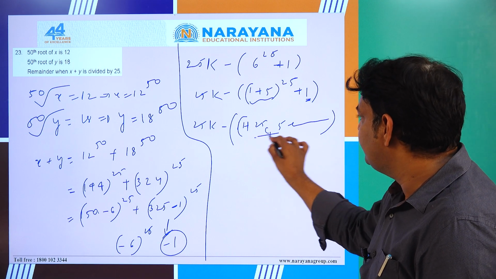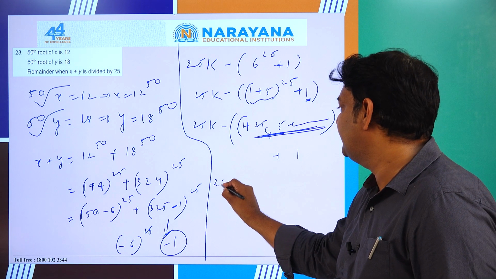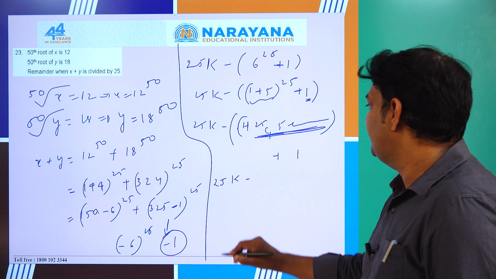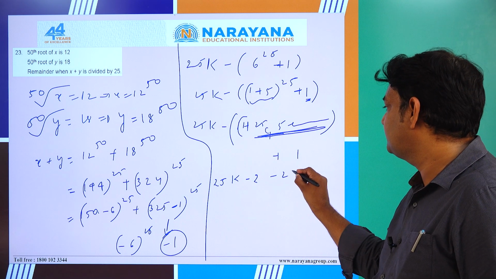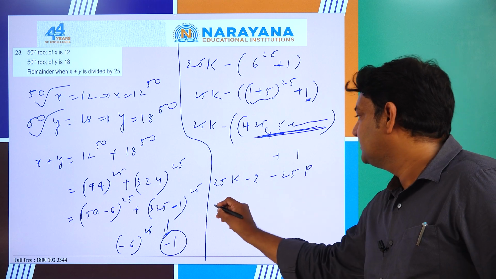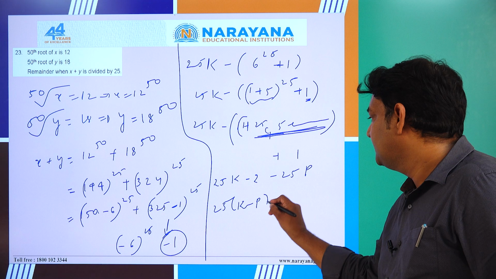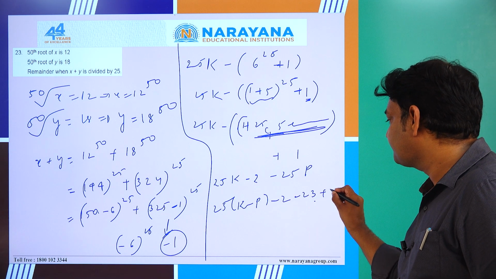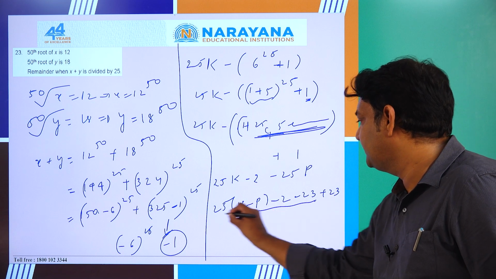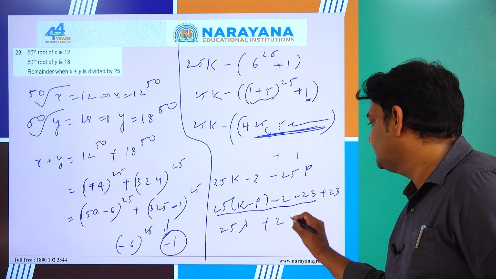Again observe that 25 into 5, all the remaining terms will be multiple of 25. So it is something like 25k minus 1 minus 1 minus 25 some p, that is 25 times of k minus p minus 2. Remainder cannot be negative, so minus 23 plus 23. So from here again we will take 25 common, 25 lambda plus 23.